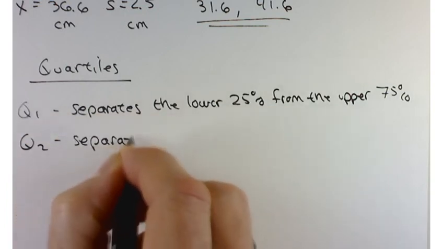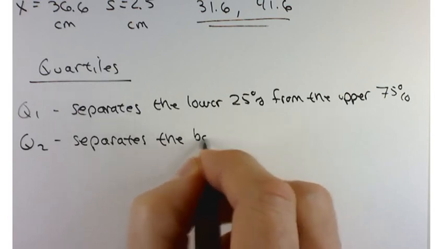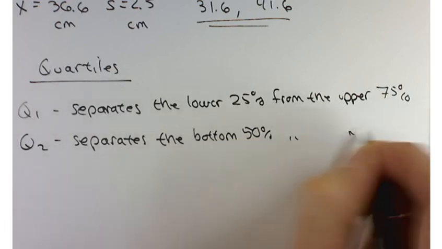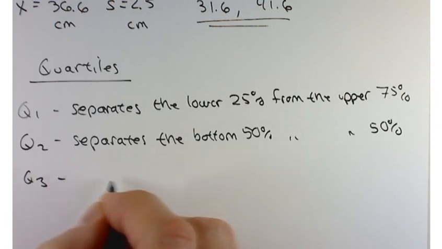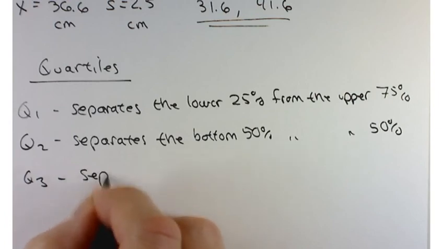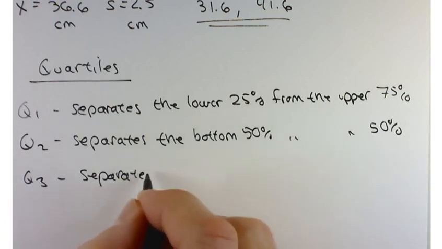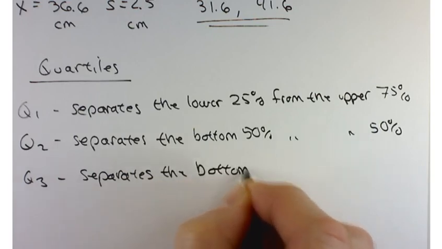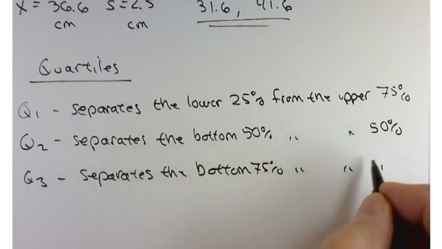It separates the bottom 50% from the upper 50%. And then Q3 separates the bottom 75% from the upper 25%. There should be 25% here.